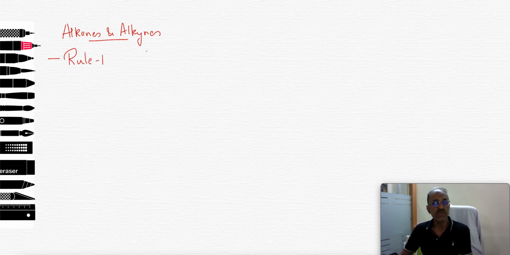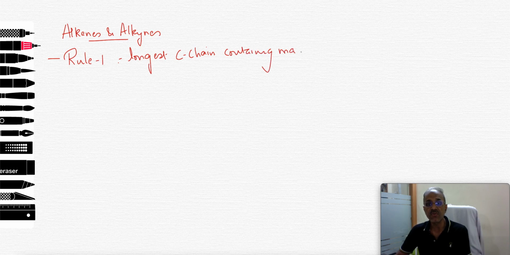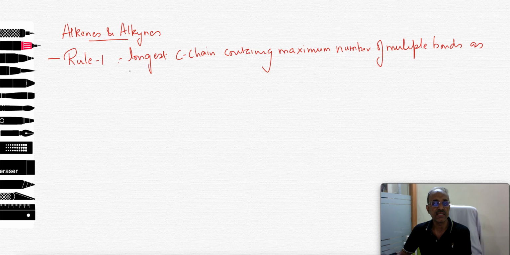In rule 1, we have to select the longest carbon chain containing the maximum number of multiple bonds as the parent carbon chain, or PCC, as we have seen in the previous lecture.